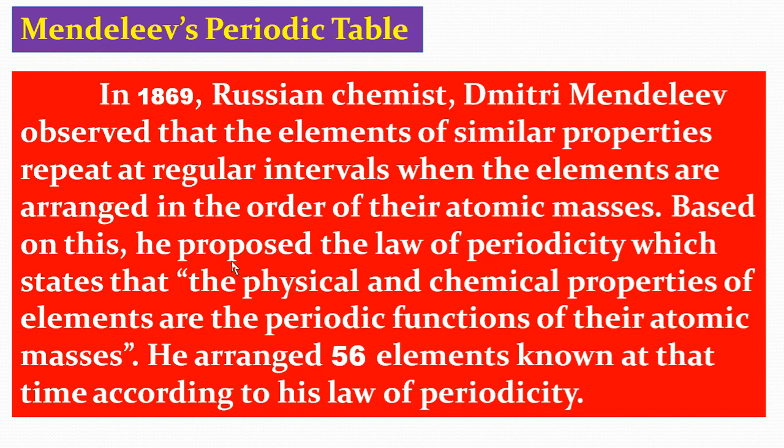Based on this, he proposed the law of periodicity, which states that the physical and chemical properties of elements are a periodic function of their atomic masses. So, he arranged the 56 elements known at that time according to his law of periodicity.